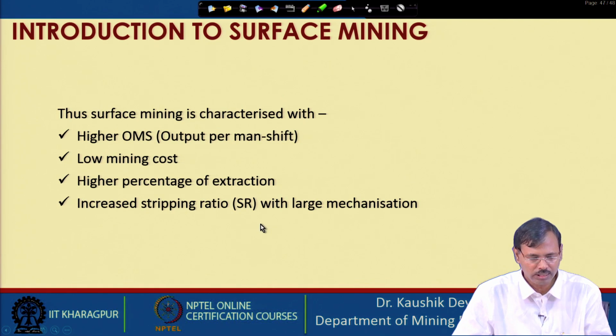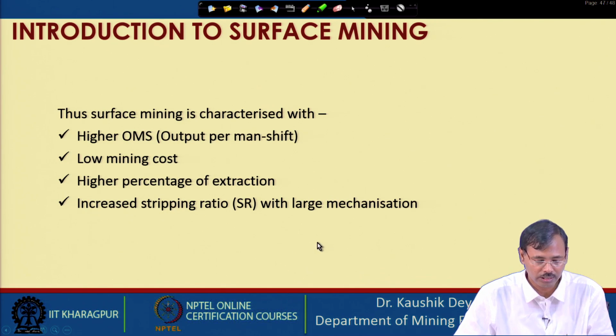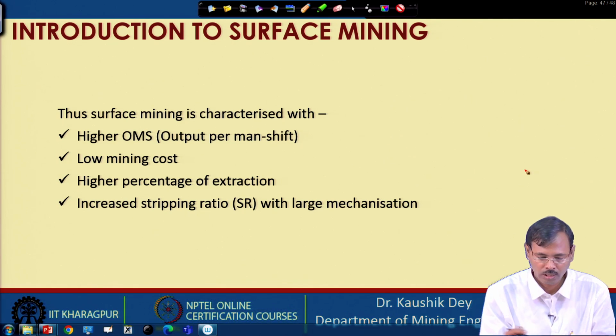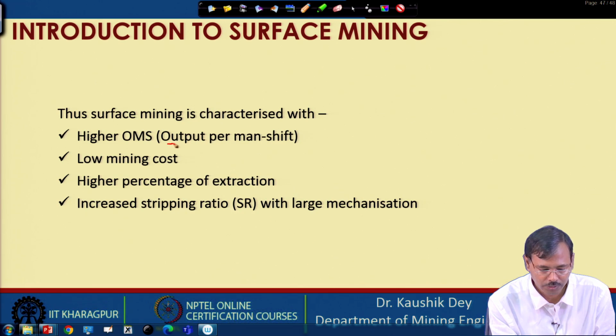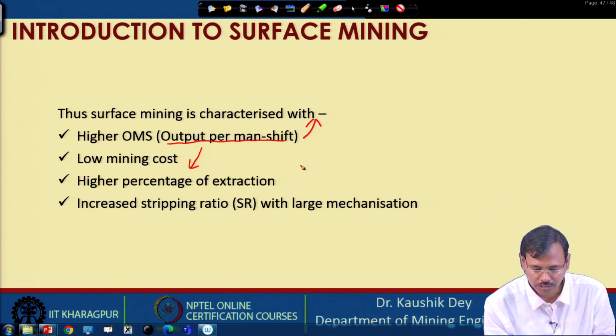Surface mining is basically characterized, as we have seen in our previous lectures, with high productivity. That means production per man shift is very high, mining cost is very low, and the percentage extraction is very high because we do not keep any pillars for supporting.